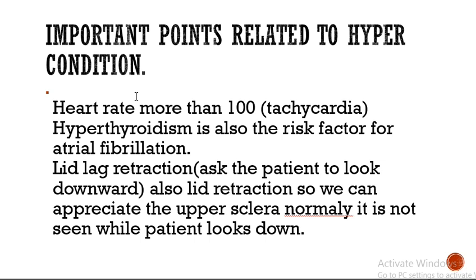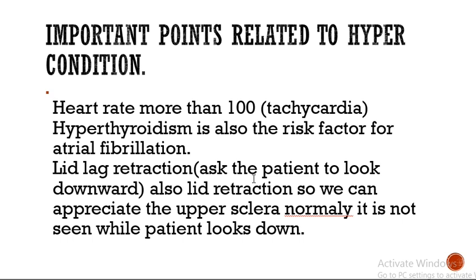Now about other features. On examination you will find the heart rate is more than 100, which we call tachycardia. Hyperthyroidism is also a risk factor for atrial fibrillation. So if someone has atrial fibrillation or tachycardia, we will check the thyroid hormones, whether the thyroid gland is hyperfunctioning or hypofunctioning. Then there is lid lag: ask the patient to look downward.